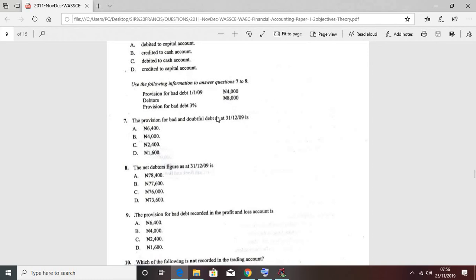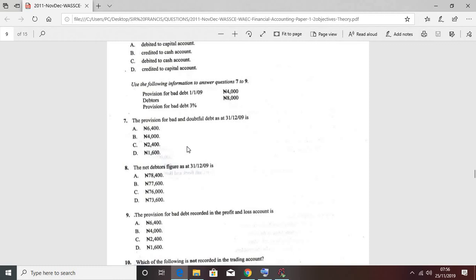For me, I'm going to use 80,000, because if I use 8,000, none of the options fit the answer. It doesn't give me what it's supposed to be. So I don't know what happened with the November 2011 paper. As I said, I stand to be corrected. If you have a different opinion, just let me know, so that I can also understand what I'm doing.